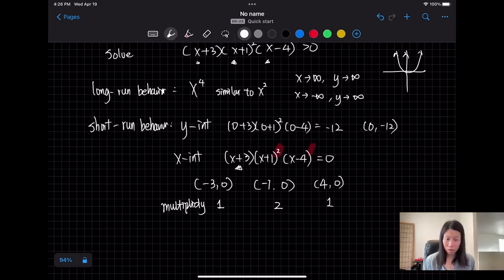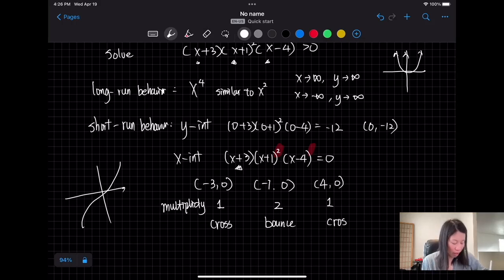With the multiplicity, we know the short-run behavior. If it's an odd number, it's similar to a cubic function, which means it's a cross. An even number is like an even function, which is a bounce. Here, it's going to be another cross.